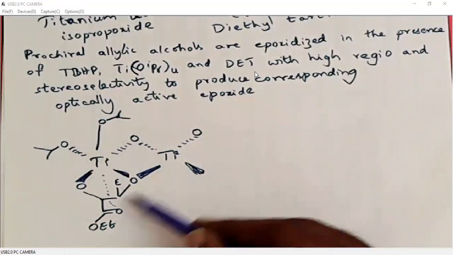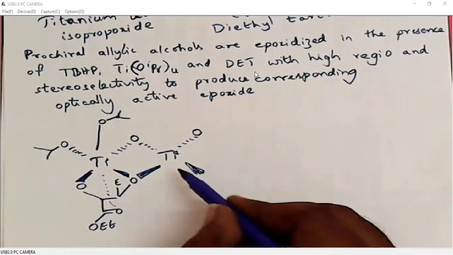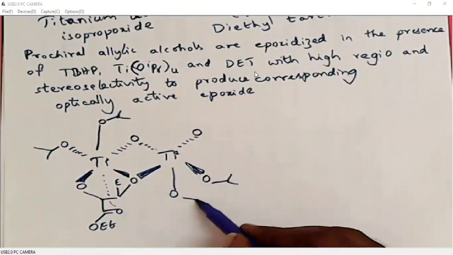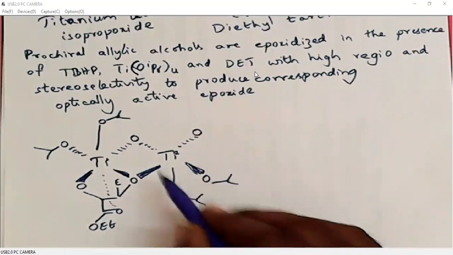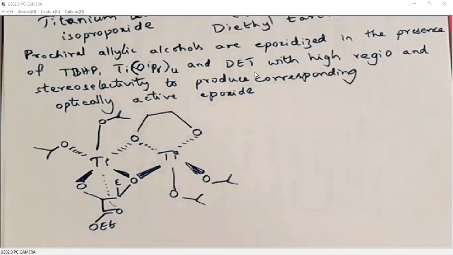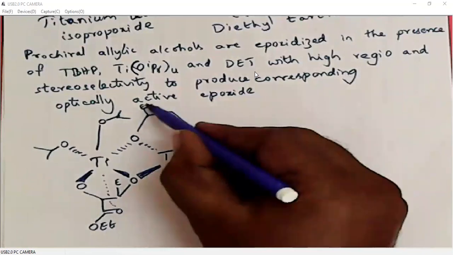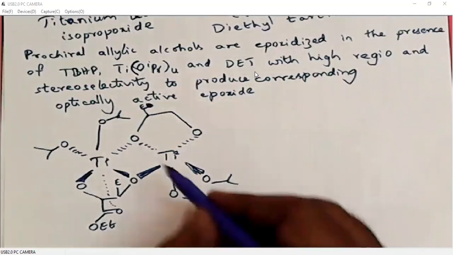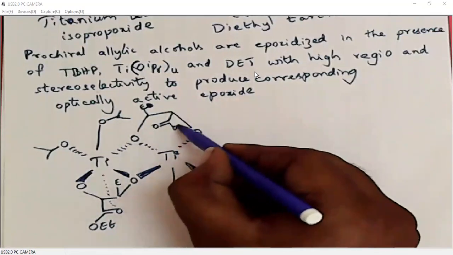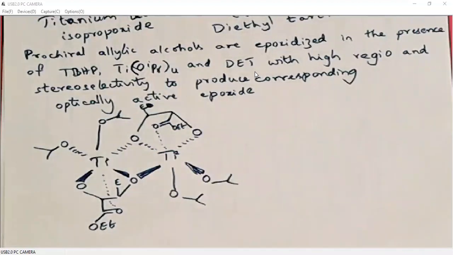Here it is reversed: on this side it is isopropyl alcohol, and on the other side it is diethyl tartrate. Again, one ester group I am representing with E, and the other ester group I am representing completely, so that the sixth coordination is satisfied with the carbonyl oxygen.